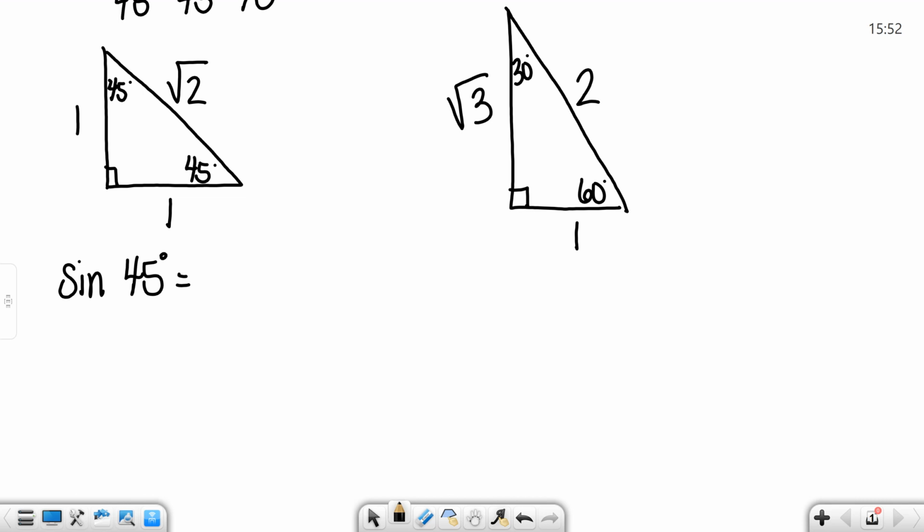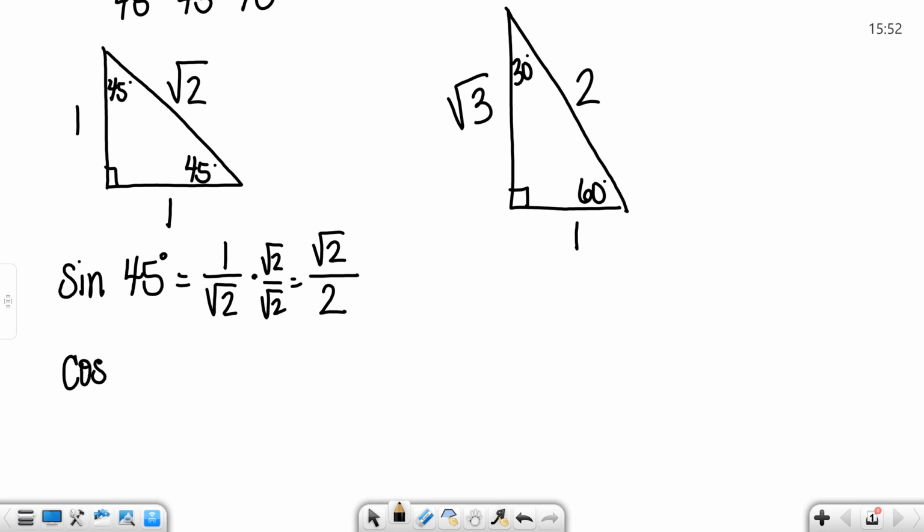If I said, let's find the sine of 45, that would be opposite, which is 1, over hypotenuse, square root of 2. I must rationalize. I can't leave a square root in the denominator. So that would be the square root of 2 over 2.